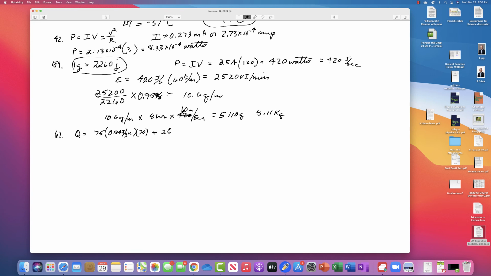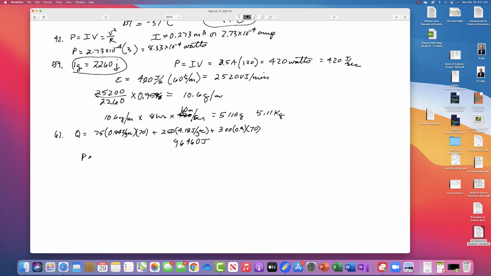Then 250 grams, and we're assuming that's like water, so that's 4.18 joules per gram degree centigrade, plus the 300 grams of aluminum, and aluminum, if you look it up, is 0.9 joules per gram degree centigrade. If you multiply all that together and add it up, it takes 96,460 joules of energy to heat that up.